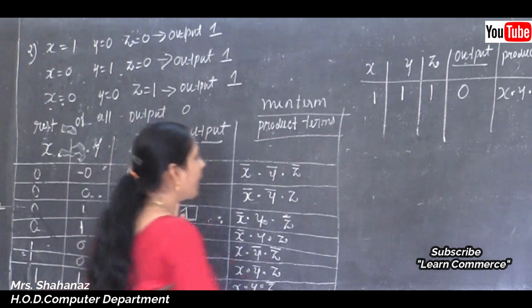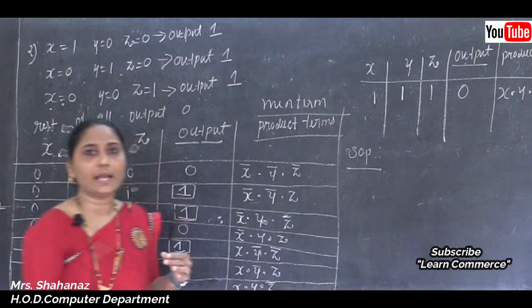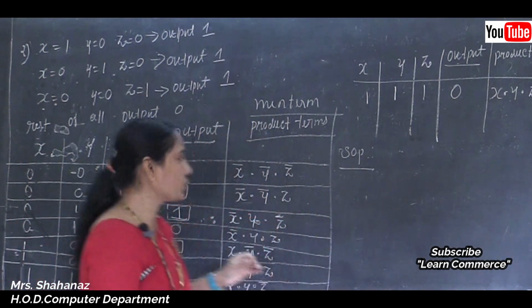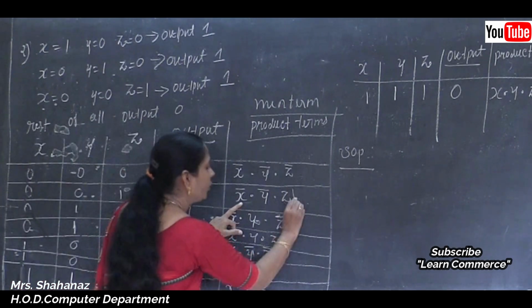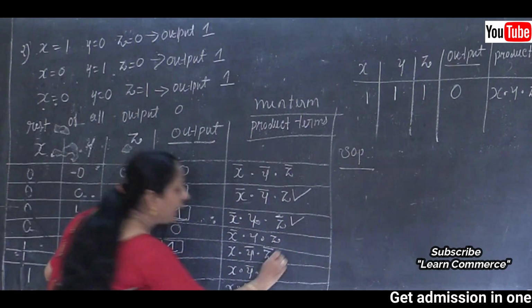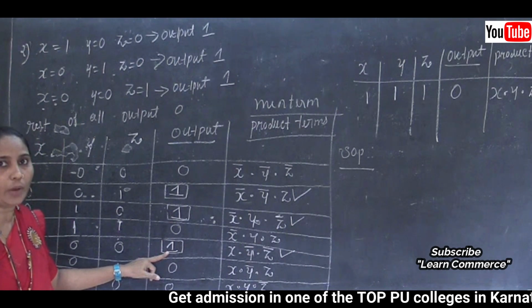Now lastly, how to form the SOP. We know that binary 1 is considered to form the SOP. Wherever the value 1 is there in the output, such value I am going to take.